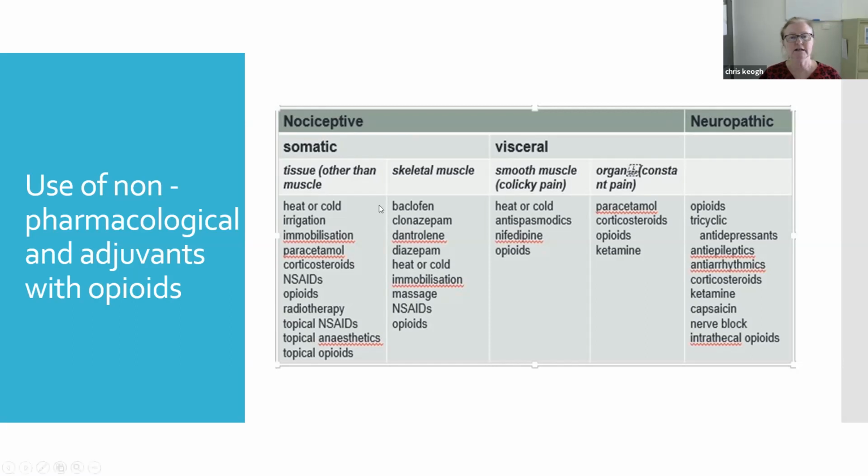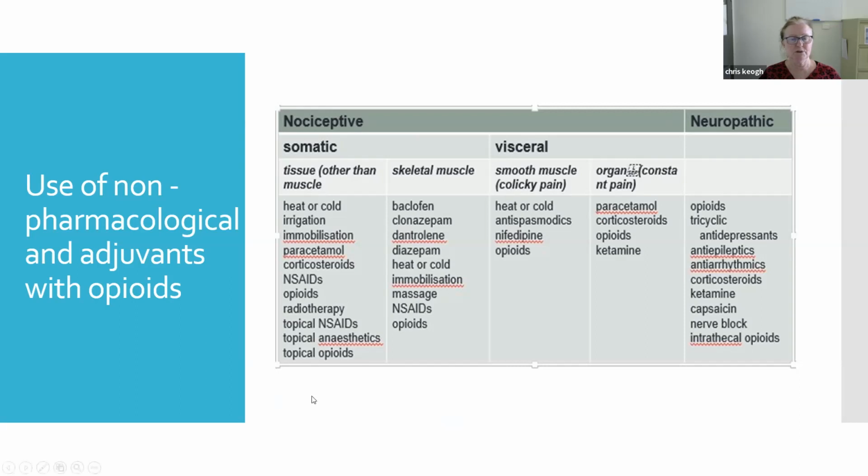So if we look at the tissue here, other than muscle, there's heat and cold, irrigation, so cleaning something out, keeping it immobile, paracetamol, simple old paracetamol, non-steroidal anti-inflammatories, often for muscle damage, and then they can use opioids, radiotherapy, topical non-steroidal anti-inflammatories, or topical anesthetics such as lignocaine, or topical opioids.